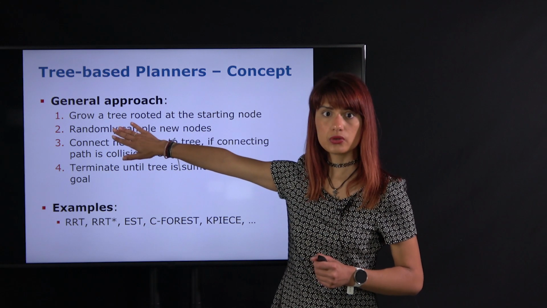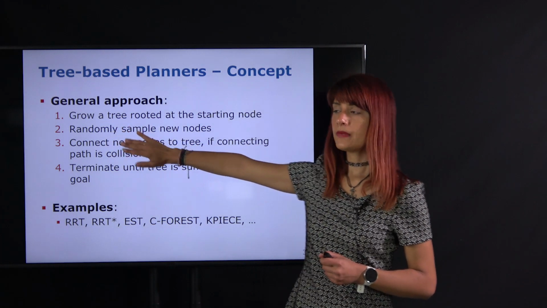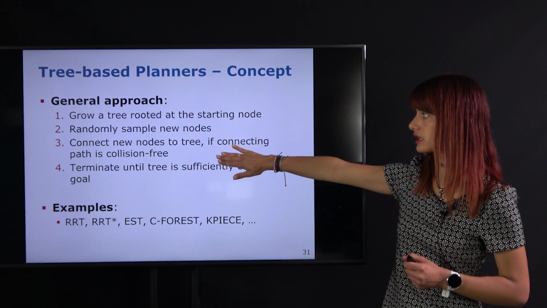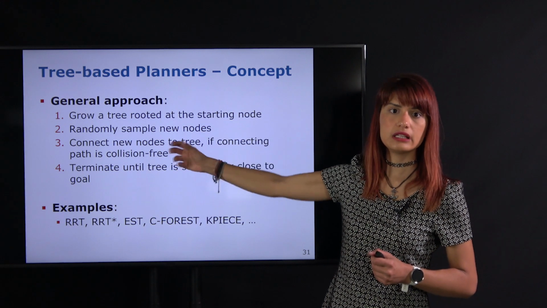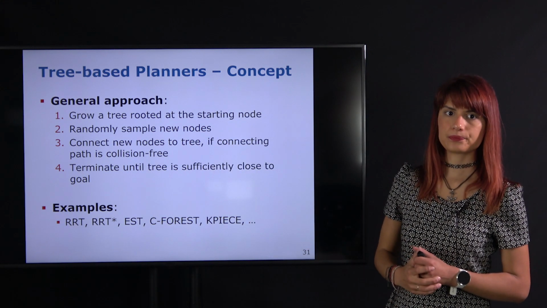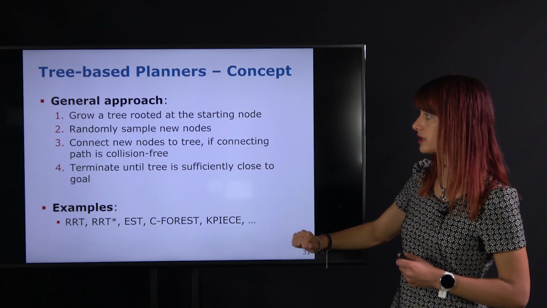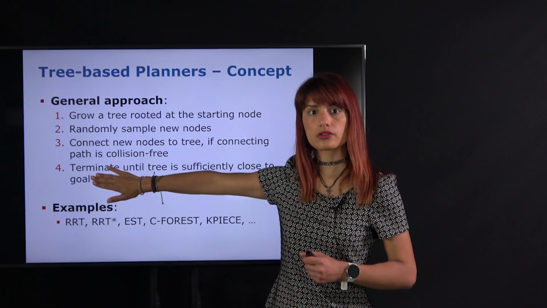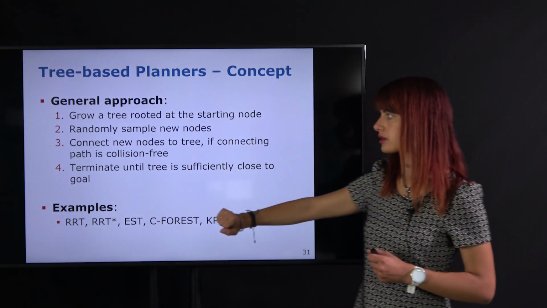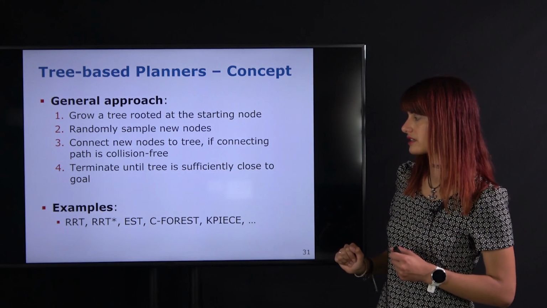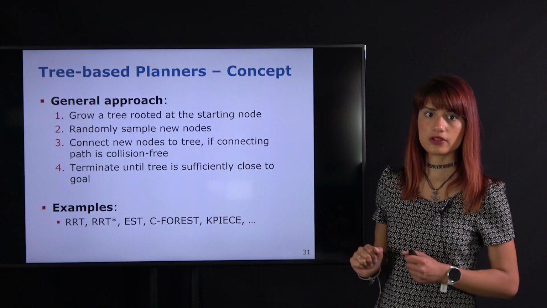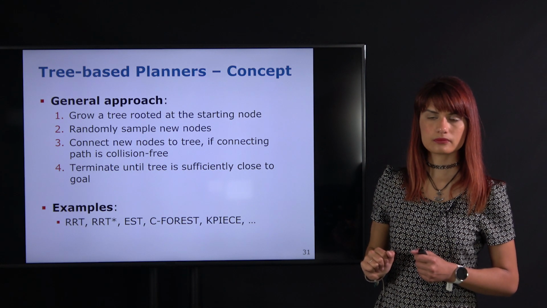We sample new nodes at random, and then we attempt collision checking in order to connect them to the tree and create new branches. We then repeat this procedure until we either reach the goal node or the goal configuration or an area in its vicinity. Then we have solved our path planning problem.